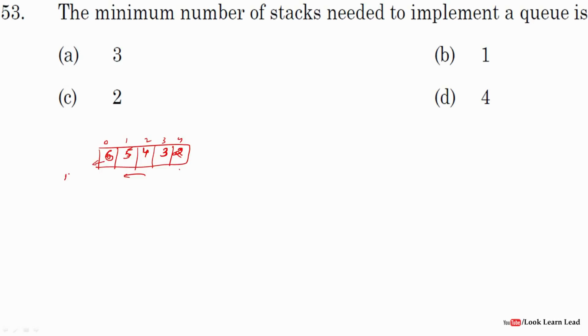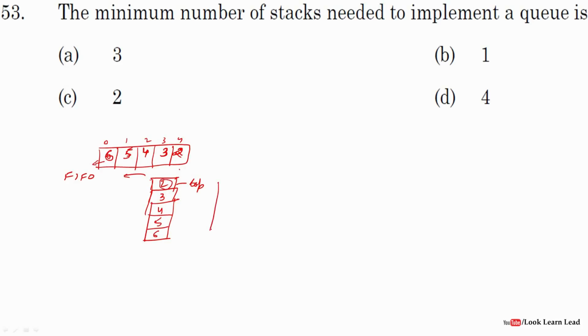That is first in first out. Queue is a first in first out data structure. That is, 6 was inserted first, so we will be deleting 6 first. So in order to implement this, we need to have 2 stacks. How? See, push 6, push 5, push 4, push 3 and push 2. If I have one stack, then when popping, this is the top of the stack, while popping I will get 2 first, but I want 6 first.